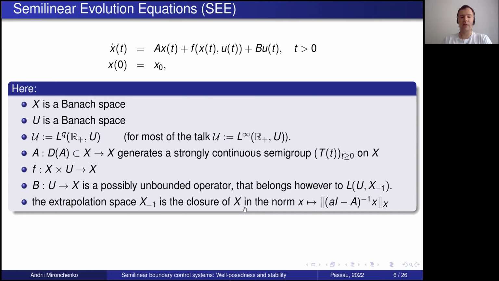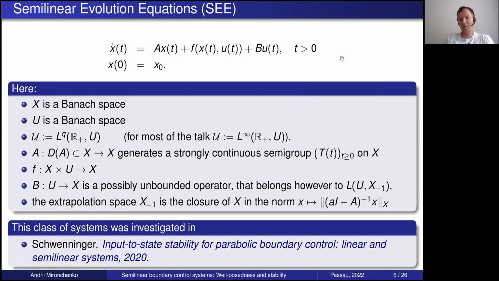So basically we take the closure of X with respect to this norm. So that's the idea. Basically B is a bad operator from U to X, but if we make our X larger, if we extend it, it becomes a good operator. So that's the logic.